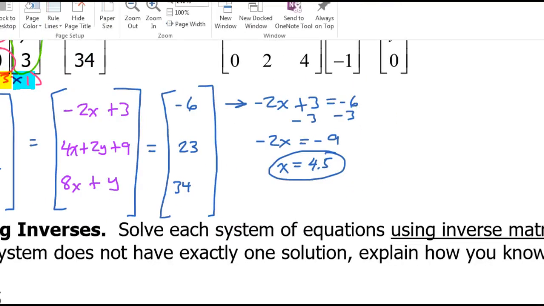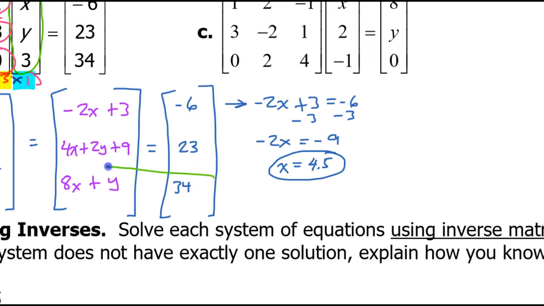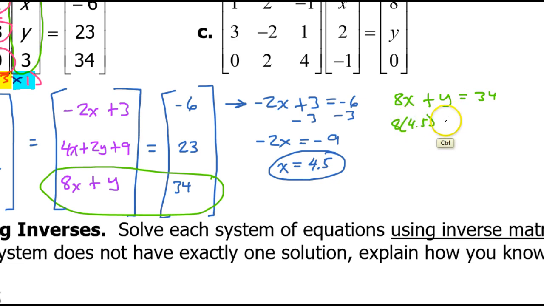Looking at the third row, this gives me the equation 8x plus y is equal to 34. But x is 4.5, so that's 8 times 4.5 plus y is equal to 34.